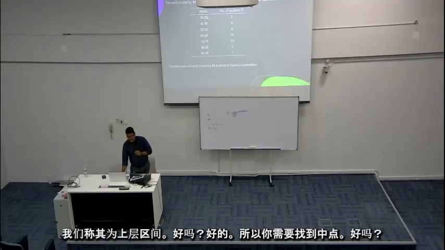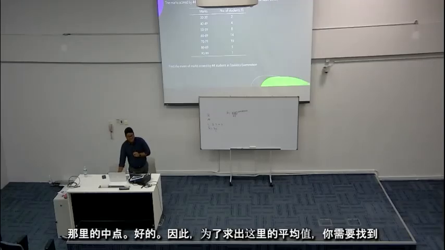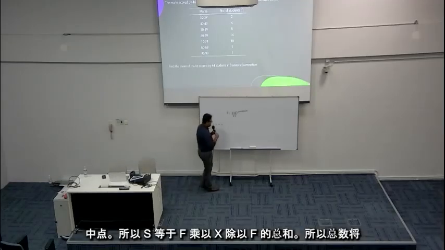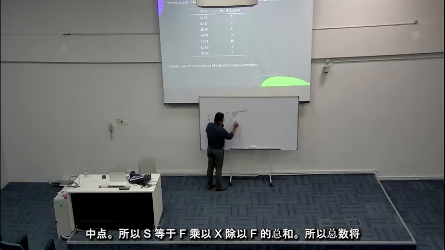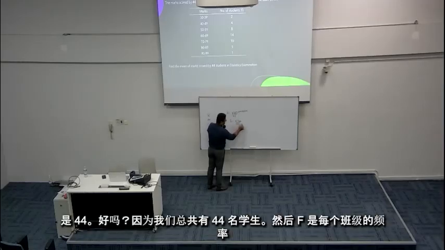So you need to find the midpoint there. In order to find the mean here, you need to find the midpoint. So x bar is equal to the summation of f multiplied by x, divided by the summation of f. The total will be 44, because we have 44 students overall.